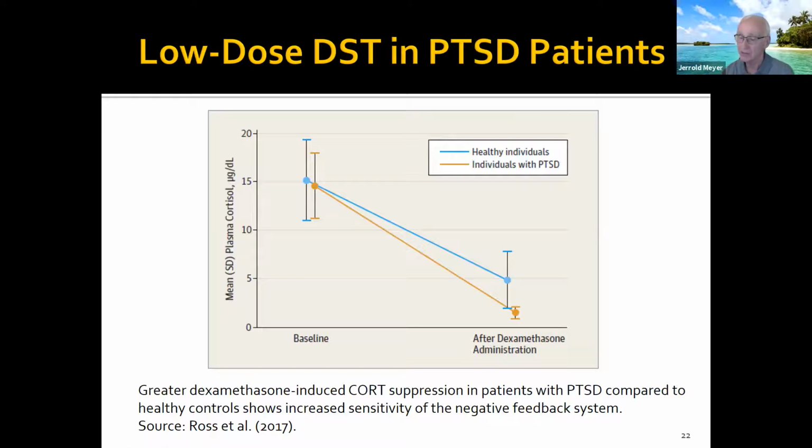If you think about what this means, it means that their negative feedback system is actually hypersensitive. It's reacting more to the dexamethasone by suppressing ACTH and thence suppressing cortisol even more than in a control group.